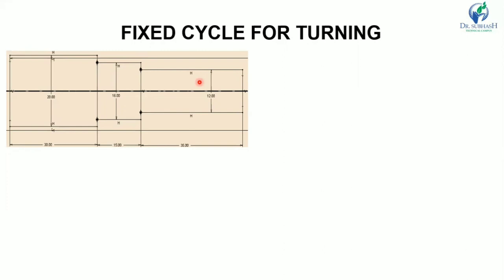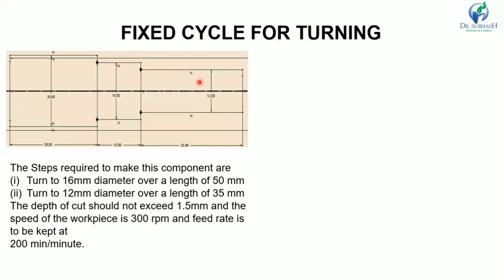So now in this case, the steps required to make this component are: turn to 16 mm diameter over a length of 50 mm, then turn to 12 mm diameter over a length of 35 mm.